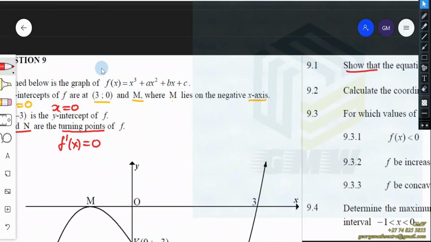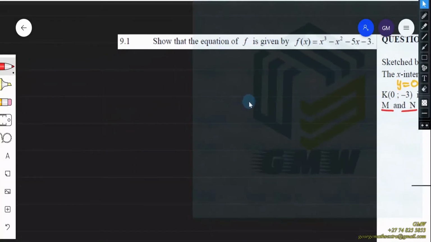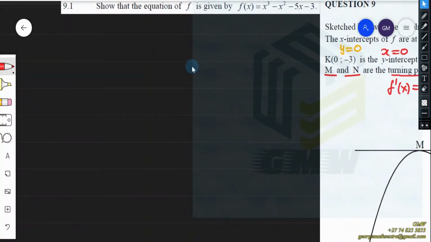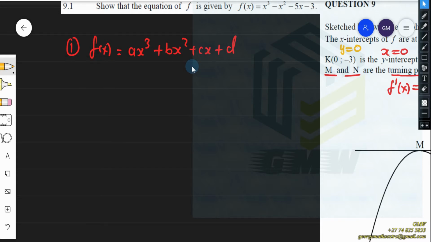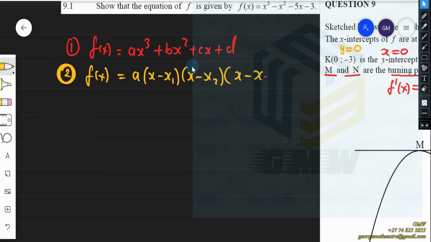Whenever you are dealing with cubic polynomials, you need to remember the general formulas that exist for them. The first one: cubic polynomials can be written as ax cubed plus bx squared plus cx plus d. The second one says f of x can be written as a times (x minus x1)(x minus x2)(x minus x3).